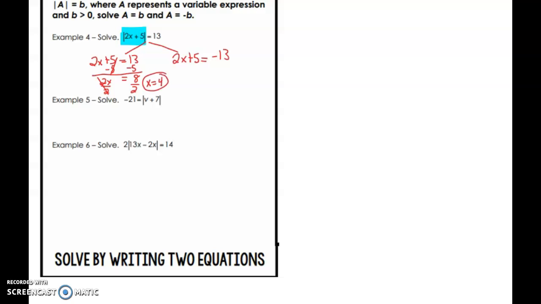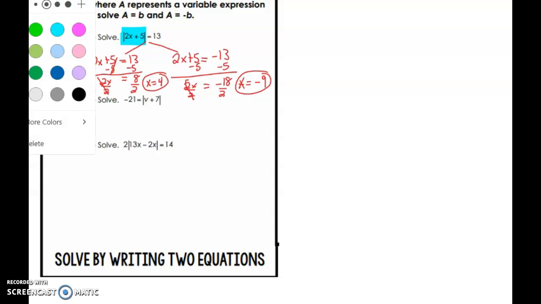Now come over on the right side and do the same thing. Subtract 5. But -13 minus 5 is -18. Then divide by 2. And you get x equals -9. Okay, so let's look at the next example. So let's go ahead, let's highlight our absolute value.